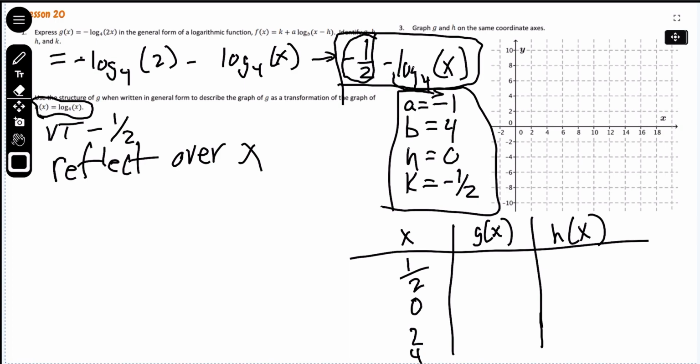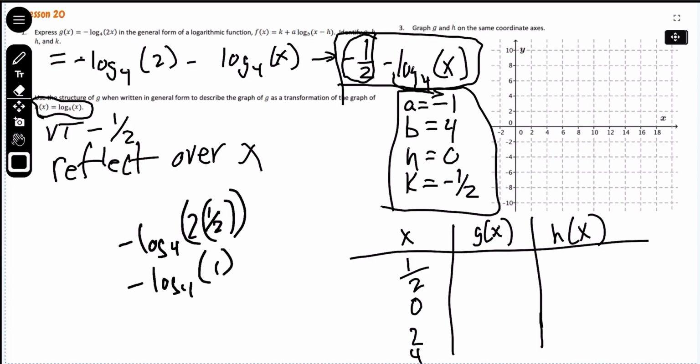So if I plug in a 1/2 for x, I would get negative log base 4 times 2 times 1/2. Well, that's just negative log base 4 of 1. So what would you get? That would be 0. And actually that's not a good 1/2 because those are in increments of 2.